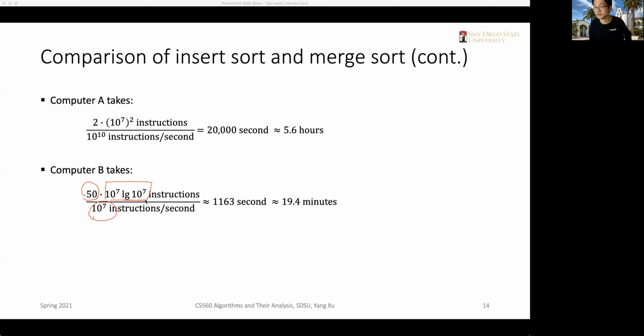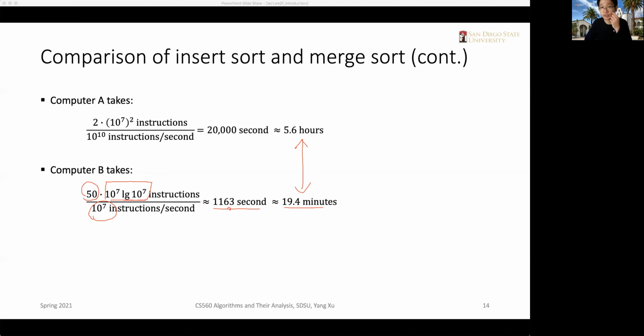The effect of taking a logarithm is so powerful. So the numerator becomes a very small number, and the total result will just be a few minutes, less than 20 minutes.